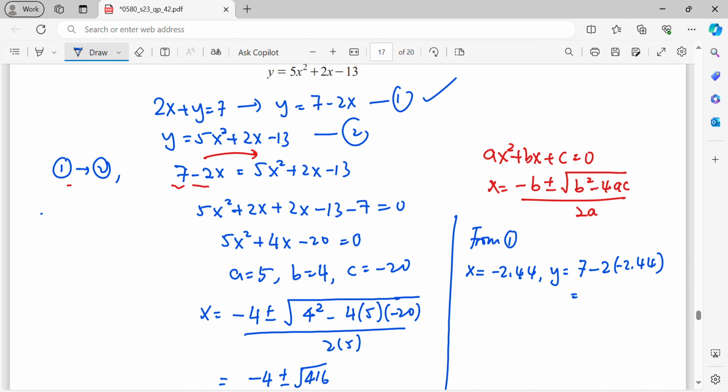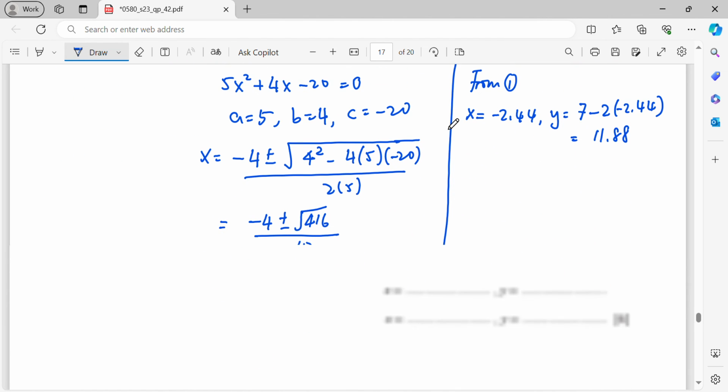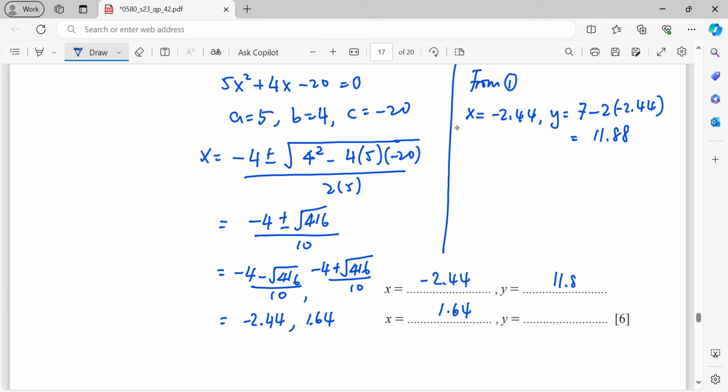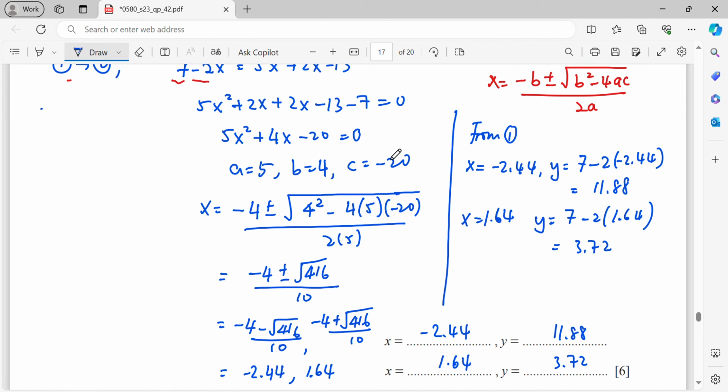That means you will be getting 11.88. Okay, so now I fill up first. 11.88. So when x equals 1.64, your y is 7 minus 2x. So this is going to be 3.72. So you just calculate the value. Okay, so that's all for this solution.